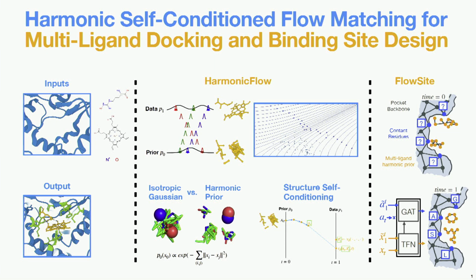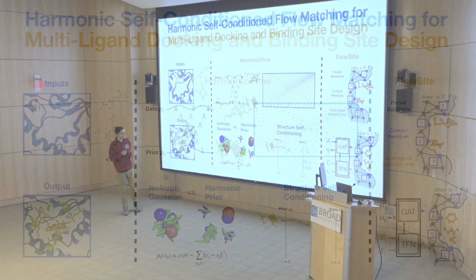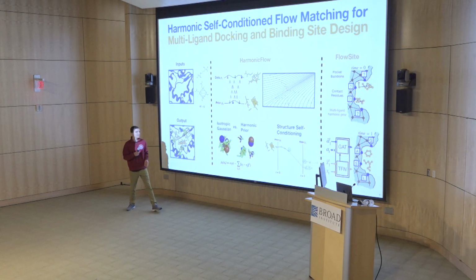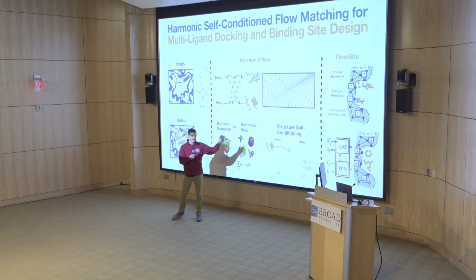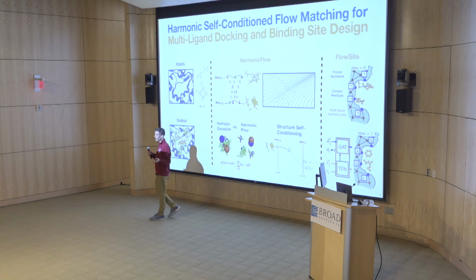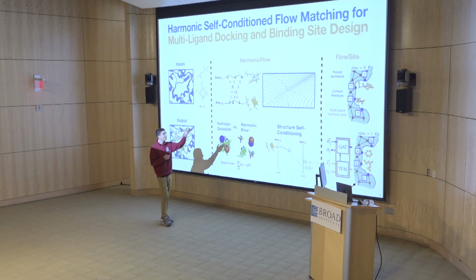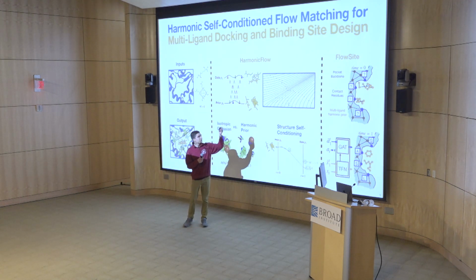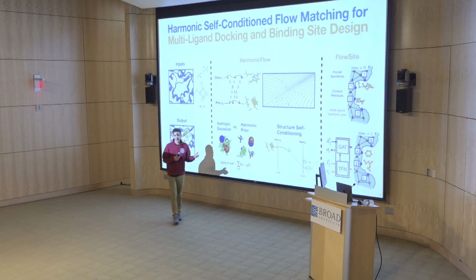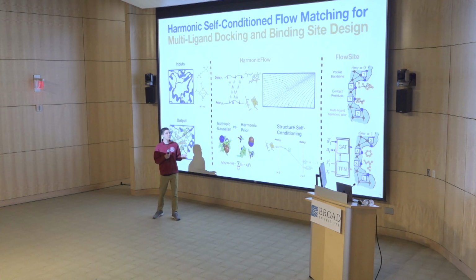For example, we use a harmonic prior, which is a more informative prior to start a generative process from, instead of just starting from an isotropic Gaussian. And secondly, we have a structure self-conditioning, which is a general improvement for flow matching models for 3D molecular structures.